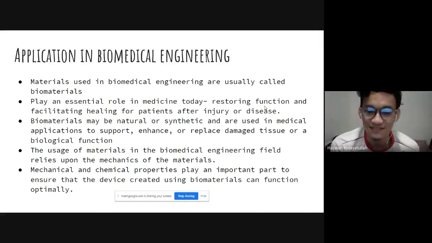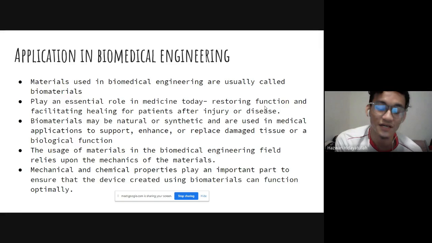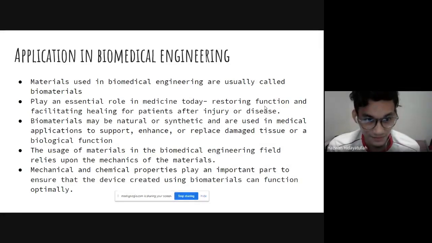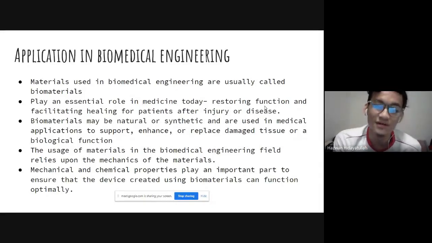Hello, my name is Muhammad Nazan Hidayatullah bin Shahidi. Matrix number of KIB 190034. So for application in biomedical engineering, materials used in biomedical engineering are usually called biomaterials.